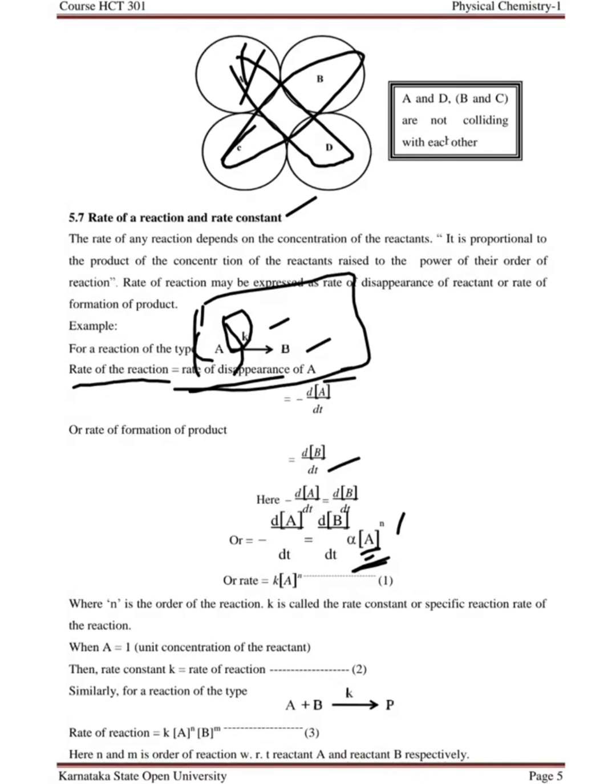So this n denotes the order of the reaction. Further it can be written as rate is equal to K into A to the power of n, and K is the rate constant.